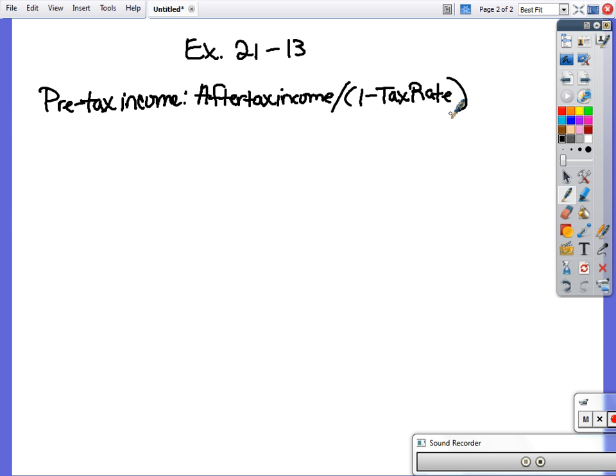What is the after-tax income? 810,000. And then divided by 1 minus 20%, is that your income tax rate? Okay, so tell me what this is.